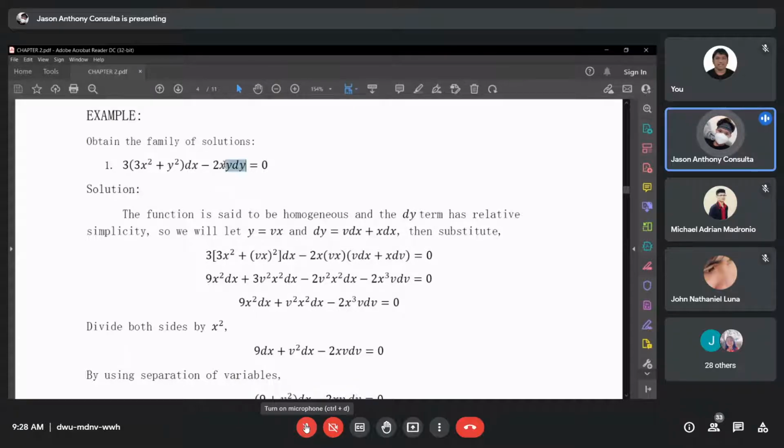Okay, yung dy terms, ito, yung mas simple. Unlike dito na there are two terms sa dx. So, let y be equal to vx and dy is equal to v dx plus x dv. Paki-correct na lang ito class, x dv. Okay, this is dv. Dito naman, tama naman yung substitute natin.